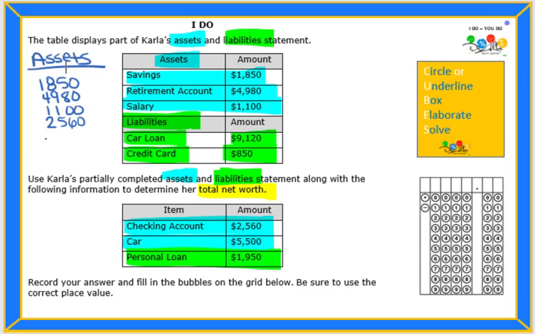And also the car, $5,500. If we add all of those together, we will have the total assets. That is $15,990 total assets.